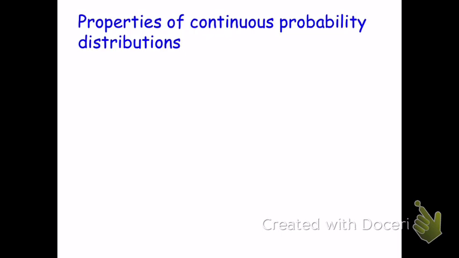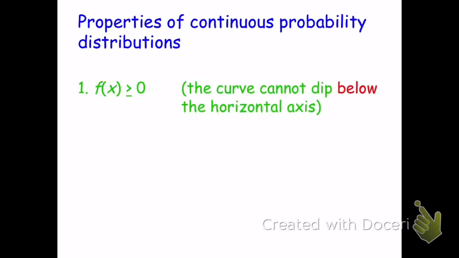So, properties of continuous probability. It's always going to be greater than 0, so your function will never dip below 0, because your y-axis is always represented by probability. Whatever your y-axis is, it's always going to be a number between 0 and 1. If I were to draw my y-axis, it's going to start at 0 and end at 1, and it's probably never going to touch 1.